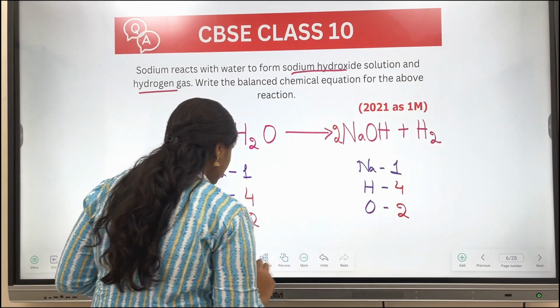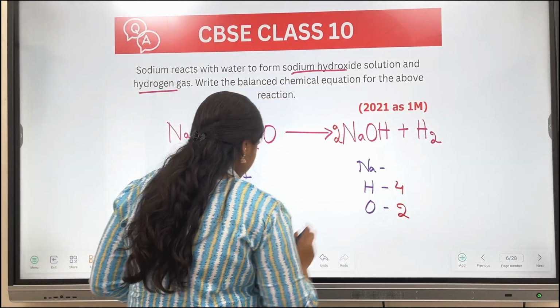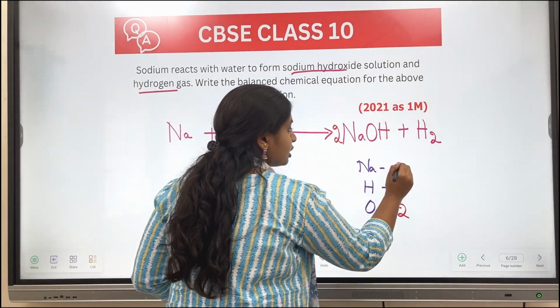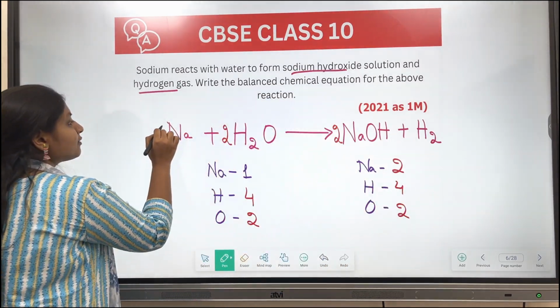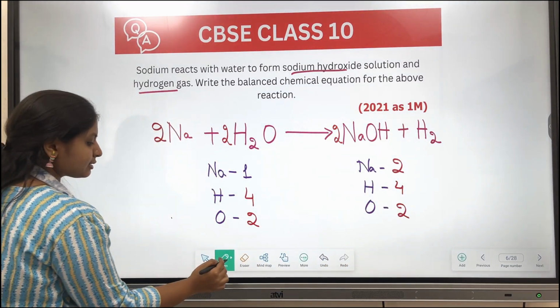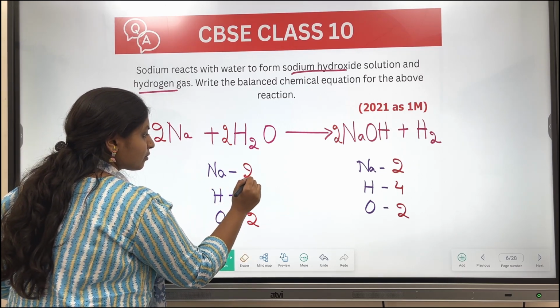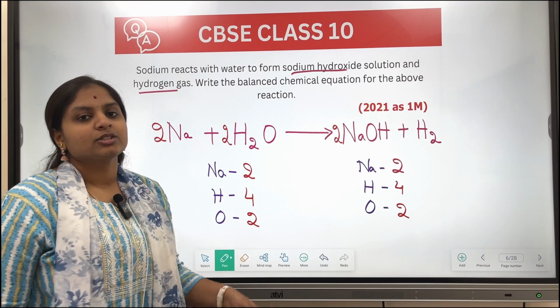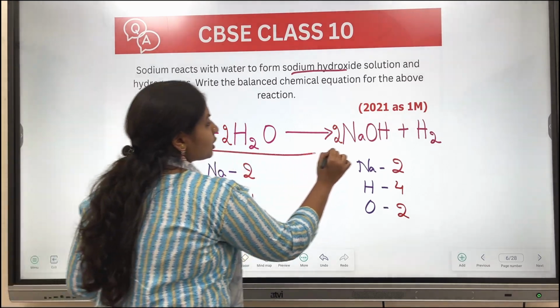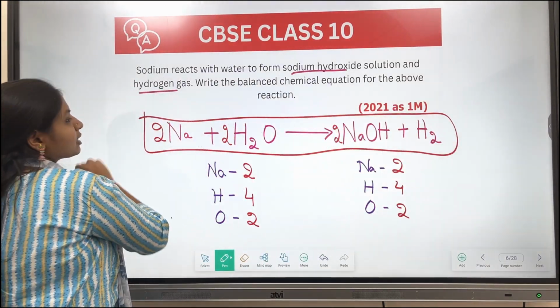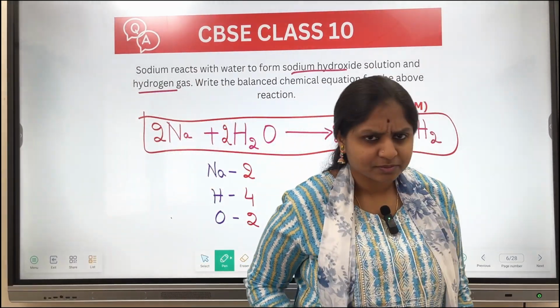But here even sodium is getting multiplied, no? So sodium is also becoming 2. To balance it, we will write 2 on the reactant side. Hence we will get the balanced equation. So if you write this reaction with the balancing, you will get complete 1 mark.